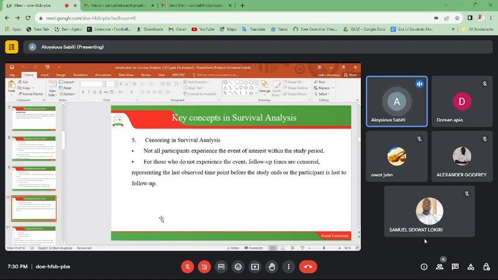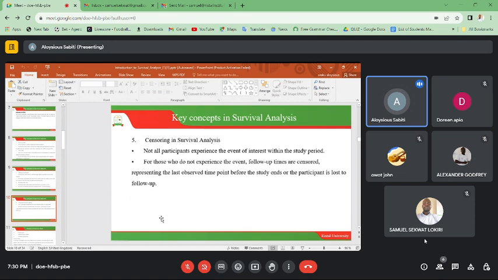So for those who do not experience the event, follow-up times are censored, meaning that they are ignored or suspended, representing the last observed time point before the study ends or the participant is lost to follow up. So in censoring, a data gap occurs, in that some individuals may not be followed up. They become lost to follow up.